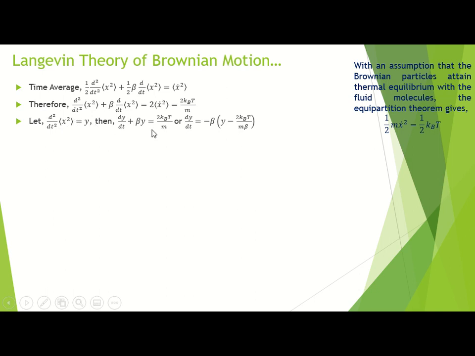So that gives you this equation, and you can simplify this, dy by dt equal to minus beta, and if you integrate this you will get an expression of this type. So y is now some twice kBT upon m, which more or less is constant at constant temperature, plus this exponential of minus t by tc.